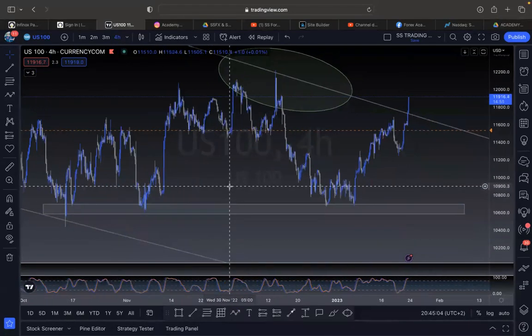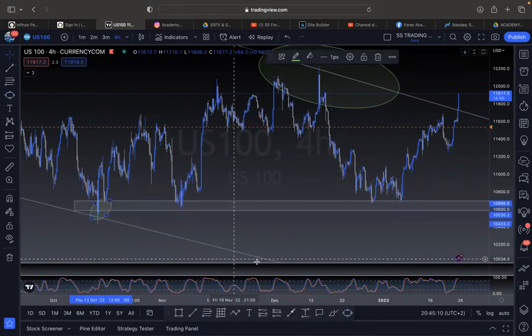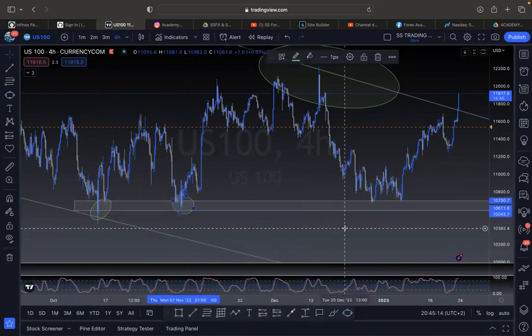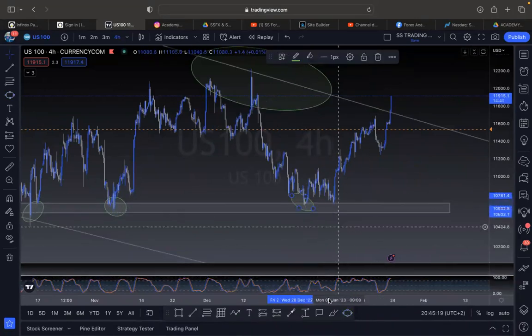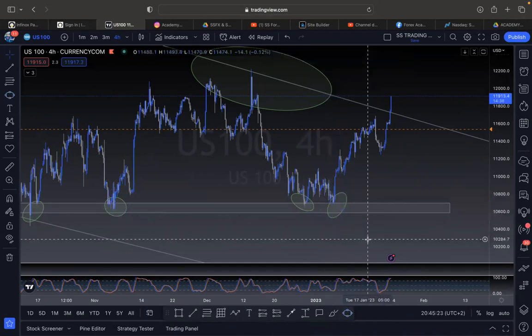Okay. So looking on the 4-hour, there's your first touch of the support. Second touch of the support there. Third touch. And then our fourth touch was here where we've bounced off.